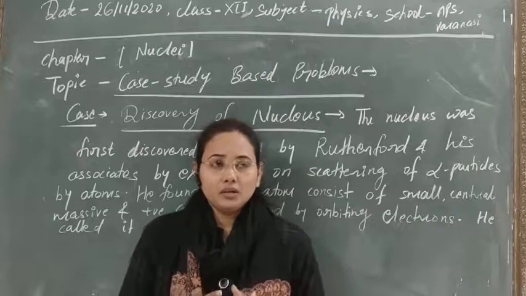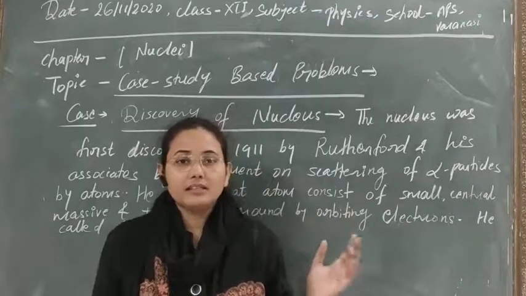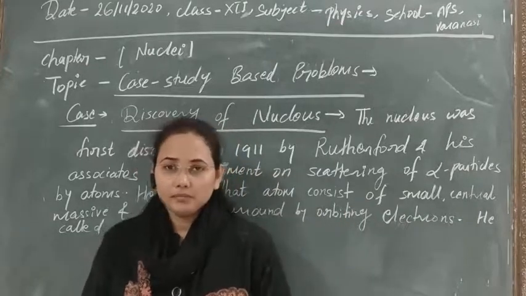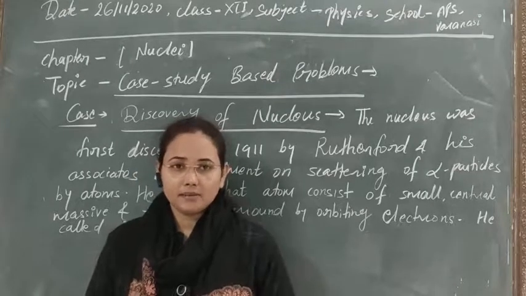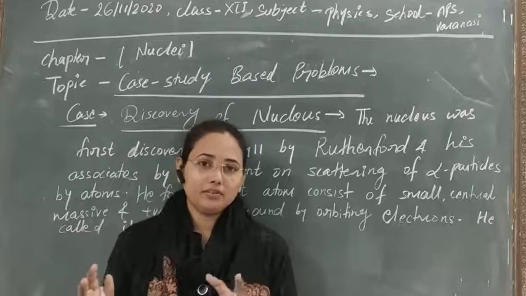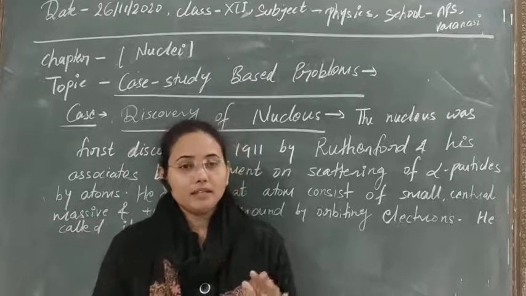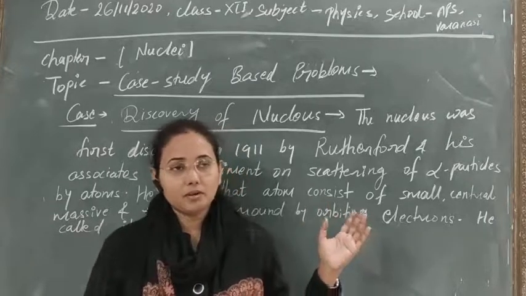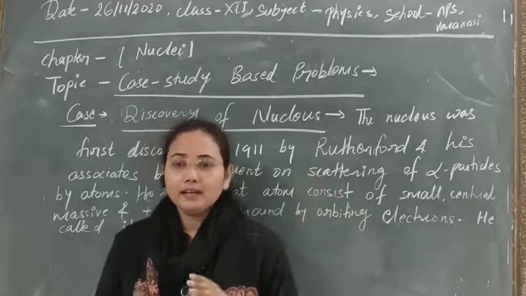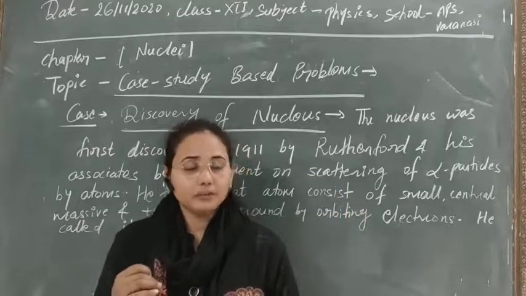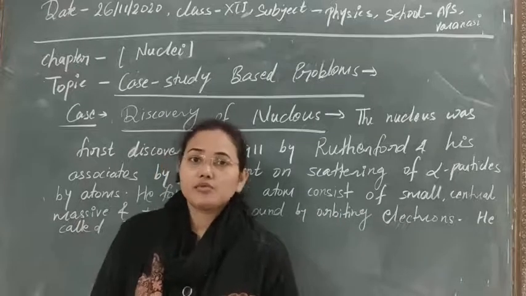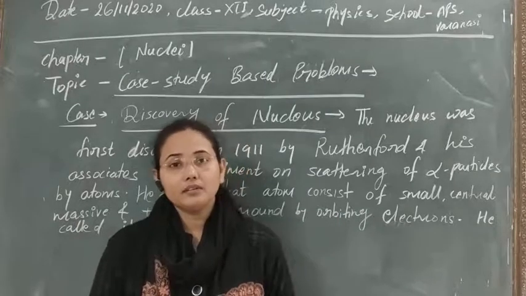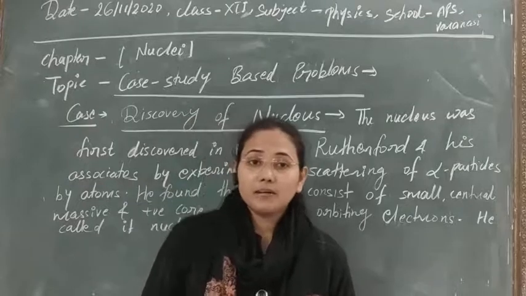But the problem was the existence problem, which we have already discussed while studying the chapters, so I am not going into details here. Only due to the existence problem we again needed a new model which could explain the properties more stably.